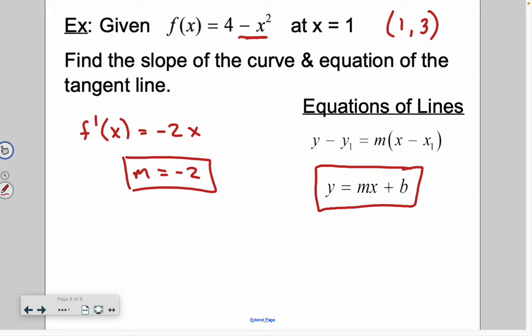Which means I need numbers for two things. I need a slope and I need a y-intercept. We have the slope. How do I find the b? That's why we needed the point. We take the point, we plug it in, we take the slope. So let's do that real quickly and finish this one off.